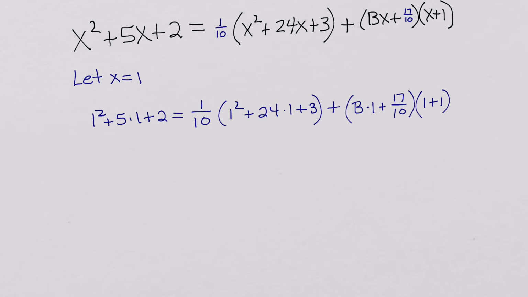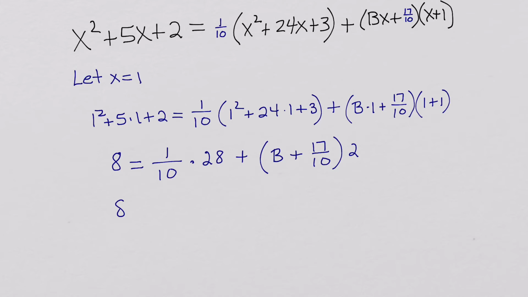All right, so we're not getting anything to zero out this time, which is a shame, but what are you going to do? So we have 1 squared plus 5 plus 2, so that makes 8 on the left-hand side, and 1 over 10 times 1 plus 24 is 25, plus 3 is 28 for that term, plus B times 1 plus 17 over 10 times 1 plus 1, which is 2.